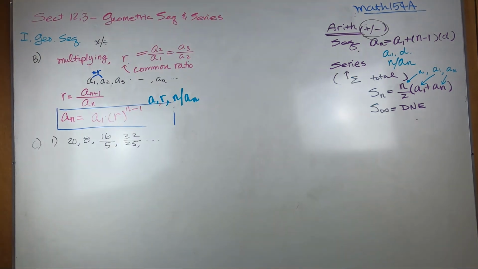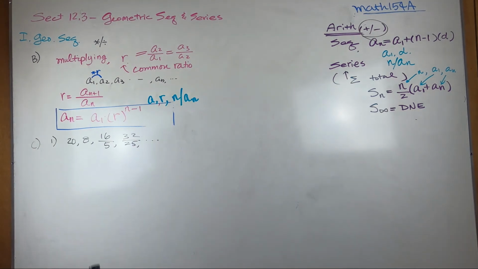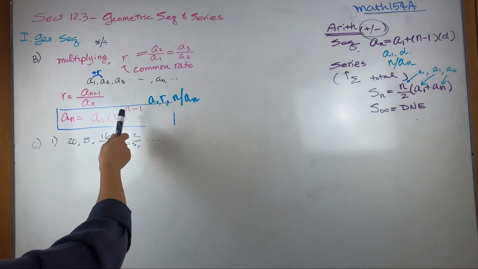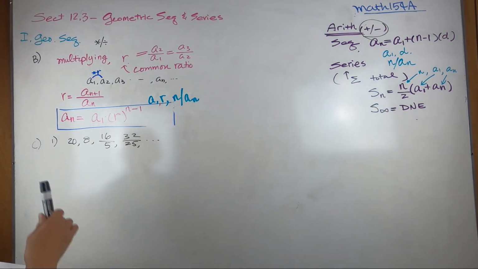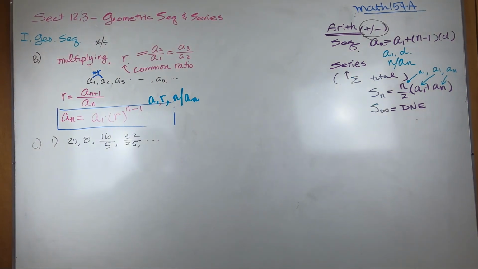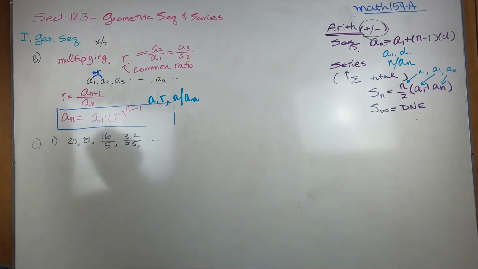First you have to decide, we have two kinds of sequences, so you have to decide which kind you are dealing with. Then you decide which formula you are going to use. So let's find the formula for the general term, then find the 14th term, instead of multiplying over and over to find the number.